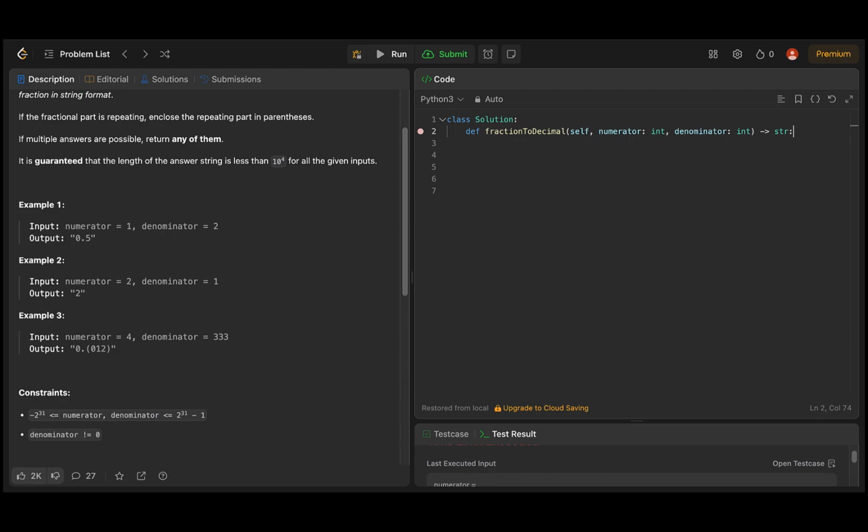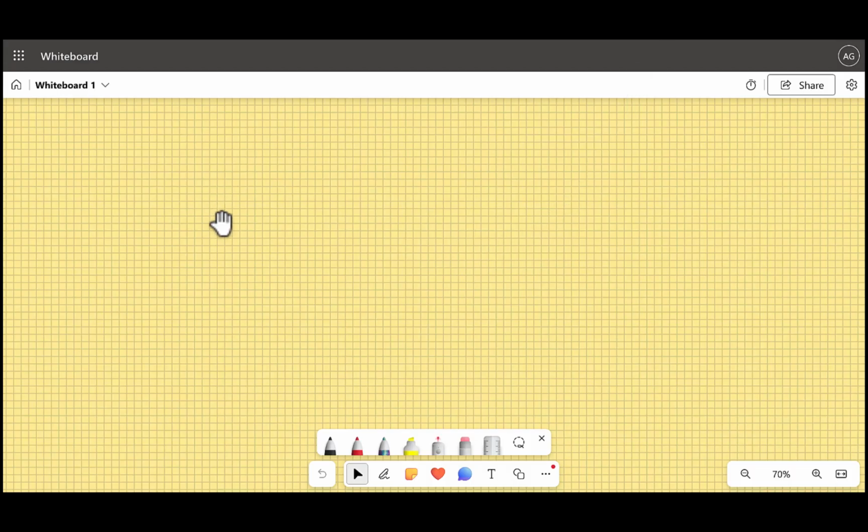It's pretty straightforward. For the solution, I will be taking you to my whiteboard, wherein I'll tell you how simple the solution actually is. I'll write down four cases. First, 5 divided by 2.